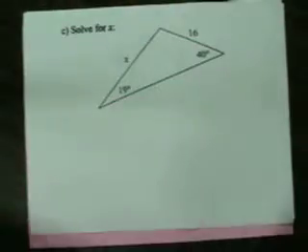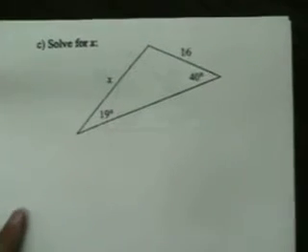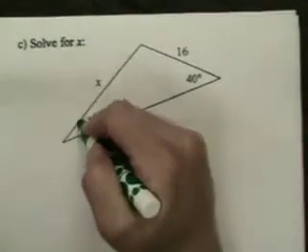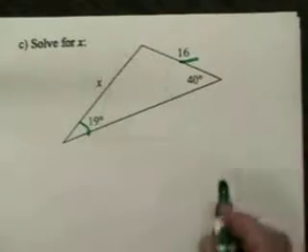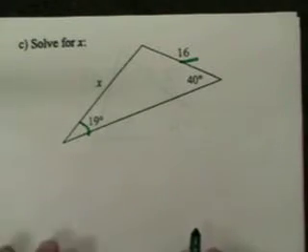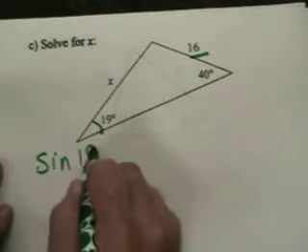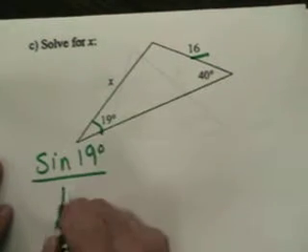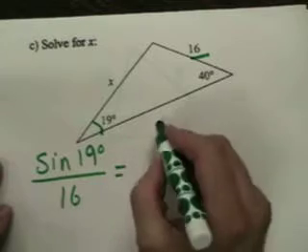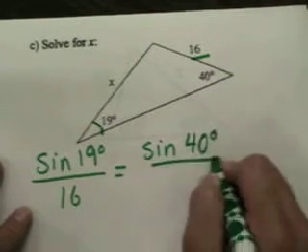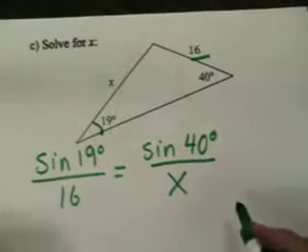Let's see what kind of problems we have now. It says to solve for x. It looks like I know an angle and the side across from it, so that looks like a good candidate for the law of sines. So I'm going to write it down: the sine of 19 degrees over 16 should equal the sine of 40 degrees over x.